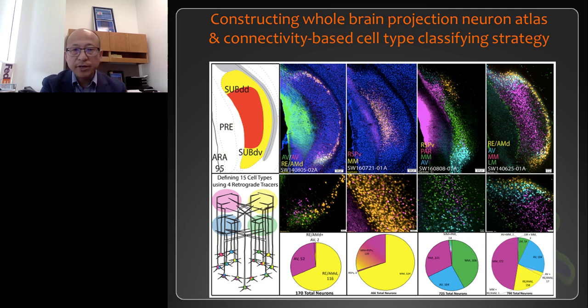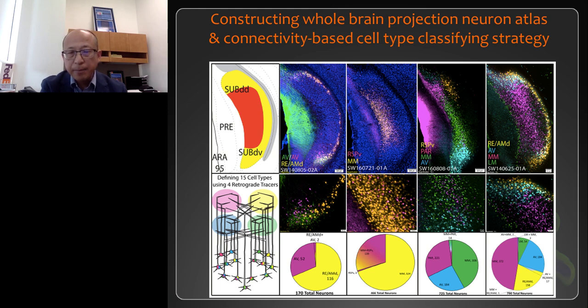As what I showed here, we define the hippocampal different molecular domains, and then make injections of these retrograde tracers into their different targets. For example, in the last sections here, yellow color, that is injection of retrograde tracers into the thalamus, back labels the yellow neurons. They're distributed in the deep layers of subiculum. They are all thalamic projection neurons.